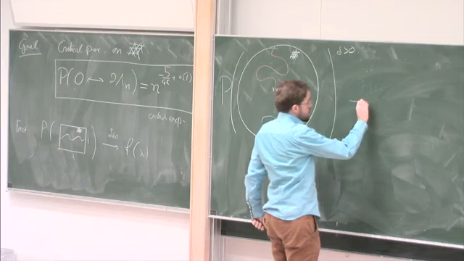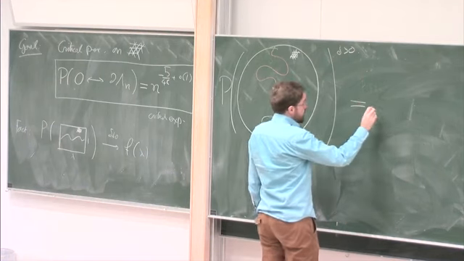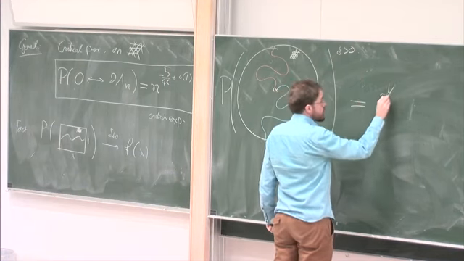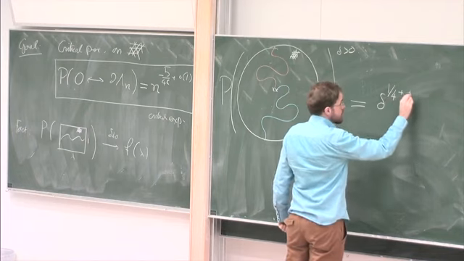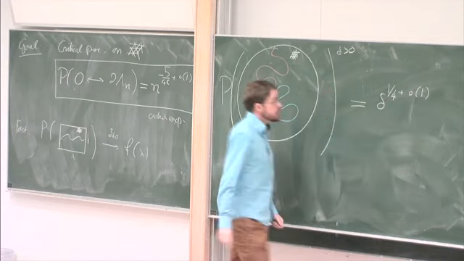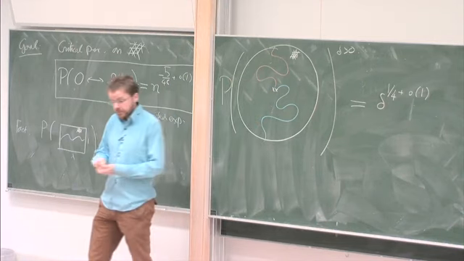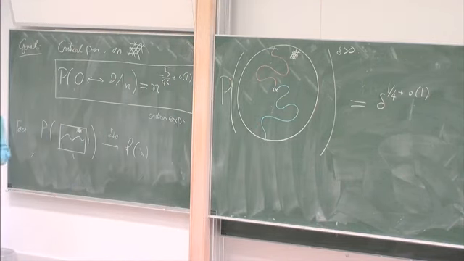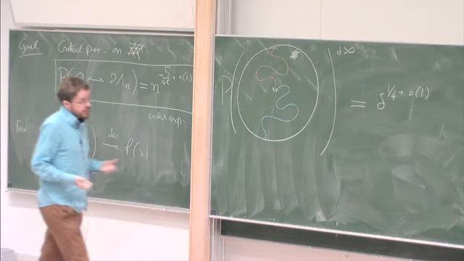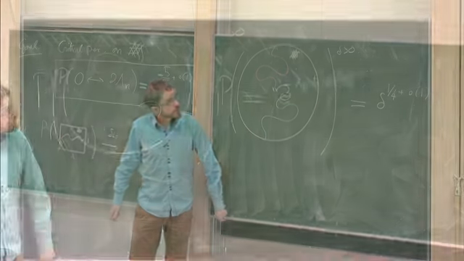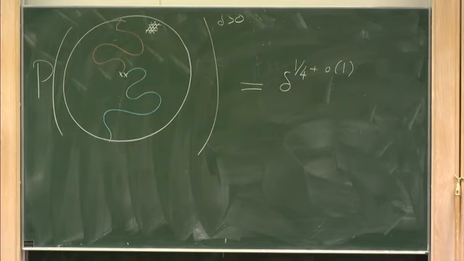And so it's the case that this behaves like delta to the power 1/4, still plus little o of 1. And as it turns out, this one will be a little bit easier to compute using SLE because it's more symmetric.